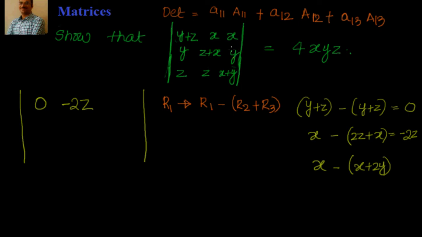If I add them, I get x plus 2y, and x minus of x plus 2y is nothing but minus 2y. So this is what it became. Now let me keep the remaining rows as they are: y, z plus x, y; z, z, x plus y. This is how it looks.